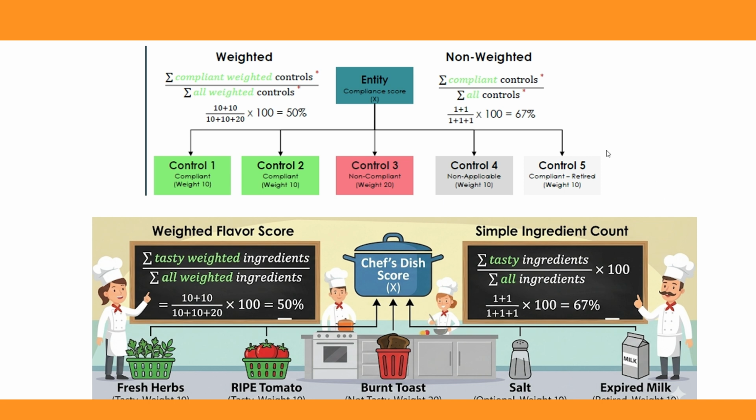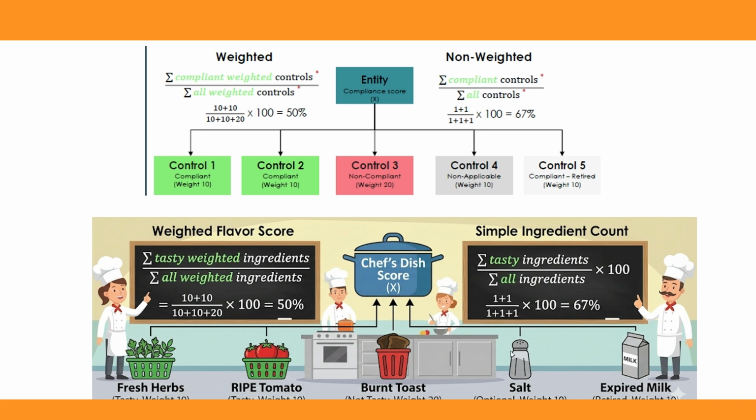Now number 1 and 2 control. Try to understand this with the above picture, which is control 1 and 2. That means these fresh herbs and ripe tomato are good to get into the dish and they are compliant. Let's say there's a burned toast. This is bad, or non-compliant.